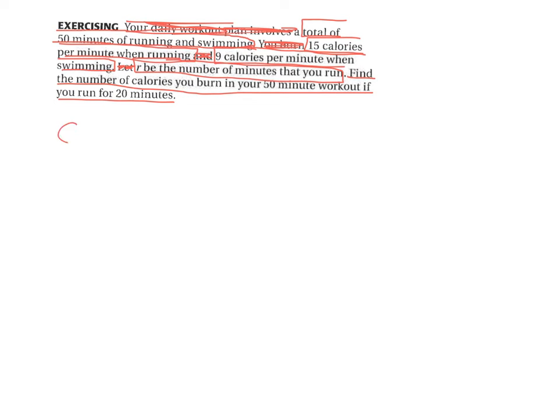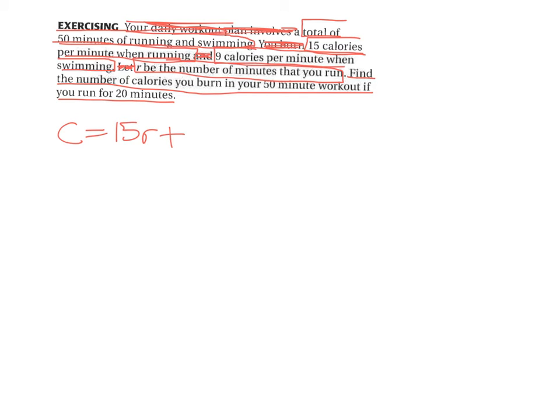I'm going to use C, capital C, to represent the amount of calories I burn during this workout. Now I know R is the number of minutes that I run, and I know I burn 15 calories per minute when running. So the amount of calories I burn when I'm running is 15 times R. Now, that's just my calories from running. I'm also going to burn some calories swimming.